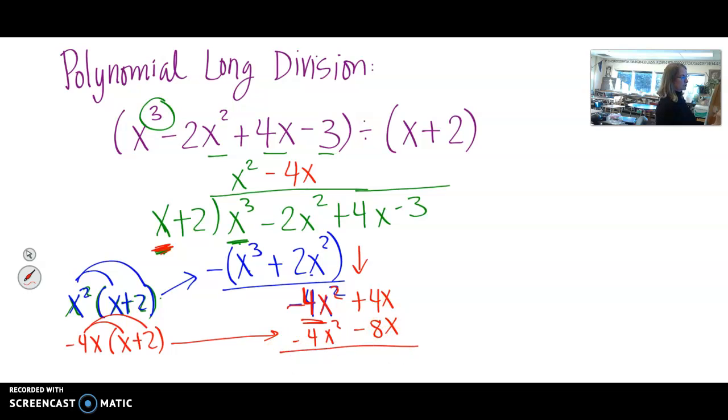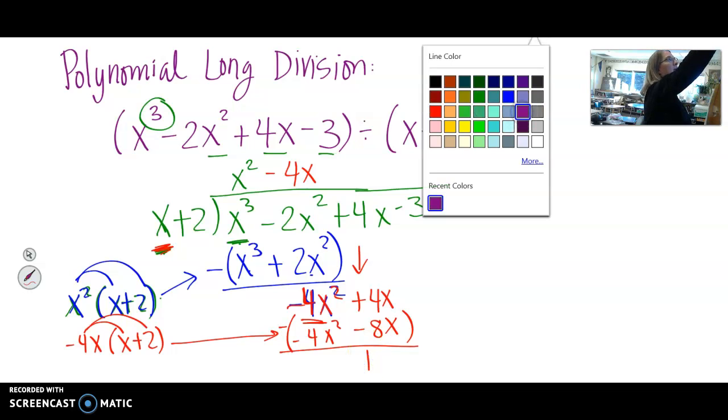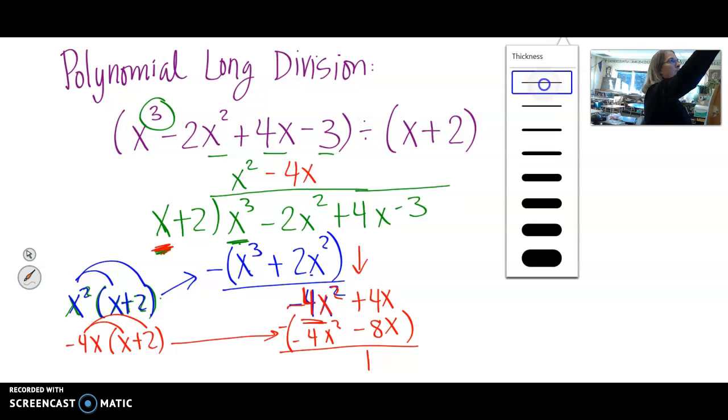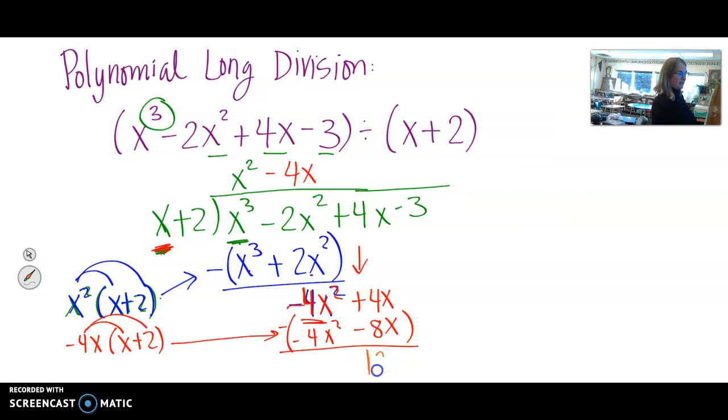Now, subtract both terms. You have 4x minus negative 8x. Actually, we add, and we're going to get 12x, because we had to subtract a negative 8x, which makes it plus 8x, and then you get 12x.